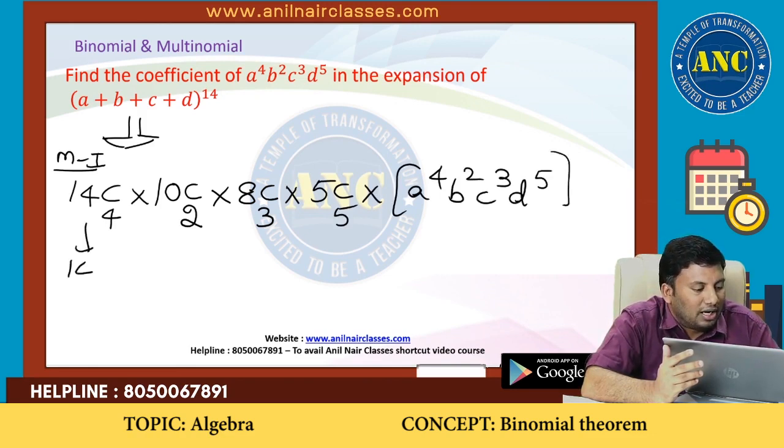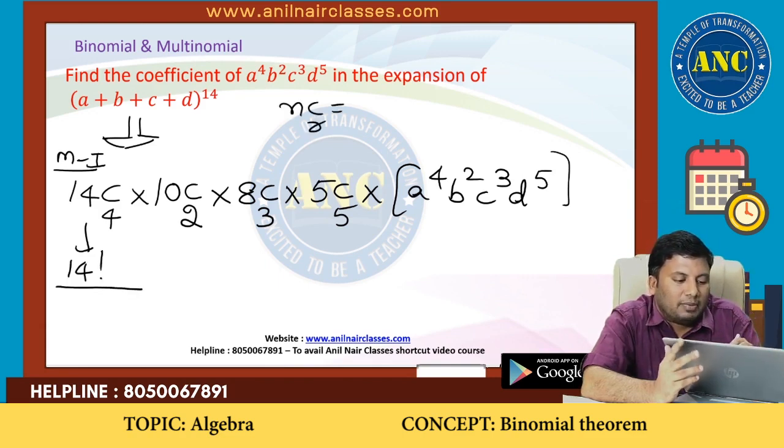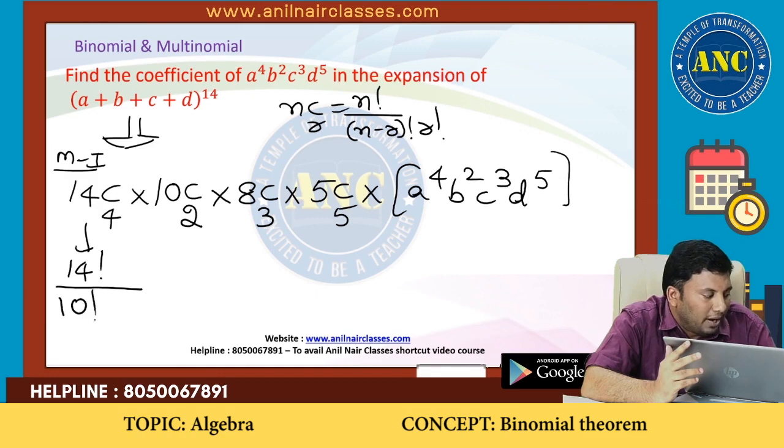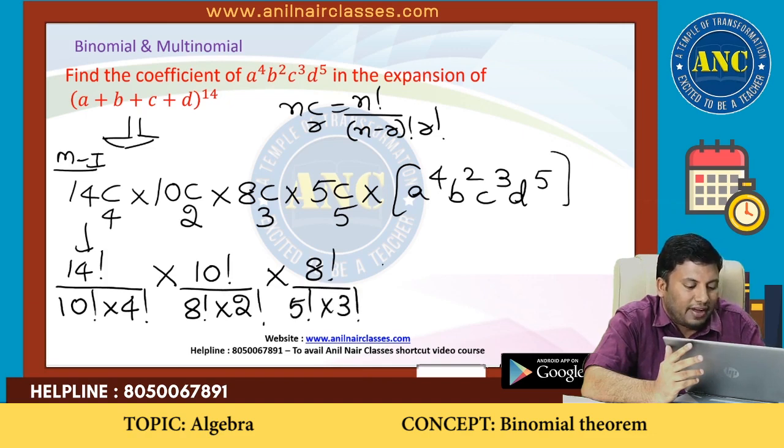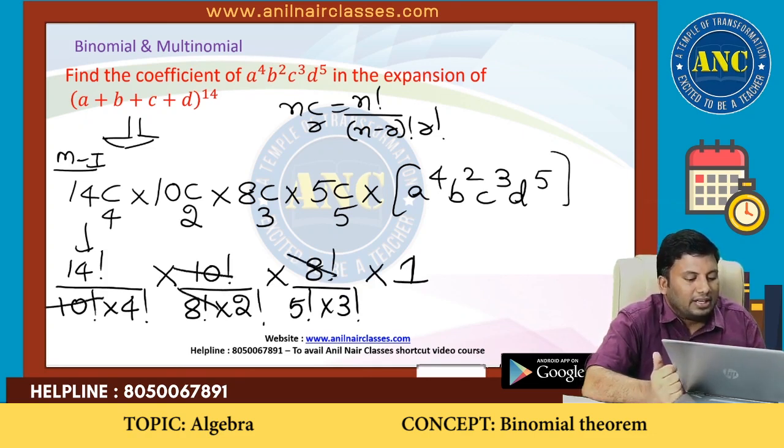14 factorial by 10 factorial into 4 factorial. NCR is nothing but n factorial by n minus r factorial into r factorial. So 10 factorial by 8 factorial into 2 factorial, 8 factorial by 5 factorial into 3 factorial, 5C5 is 1. 10 cancels with 10, 8 cancels with 8.